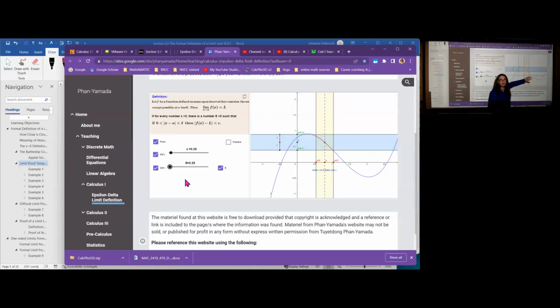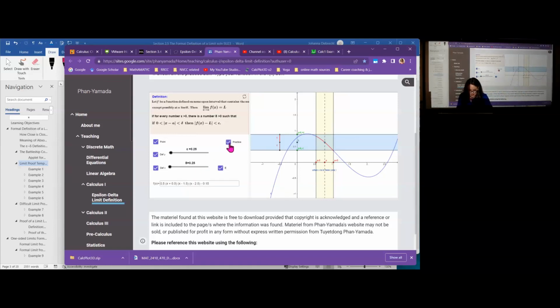This is the maximum delta that I can use for the value epsilon is 0.25. I can choose a delta of 0.25. It can get smaller, but it can't get bigger. Even though on the left side, I still have some space inside the blue band, I don't on the right. I have to choose the smaller of the two distances.